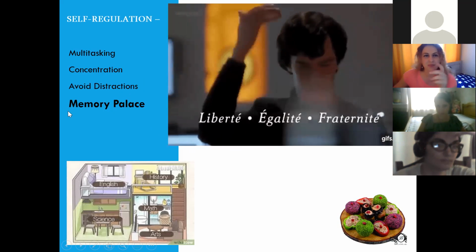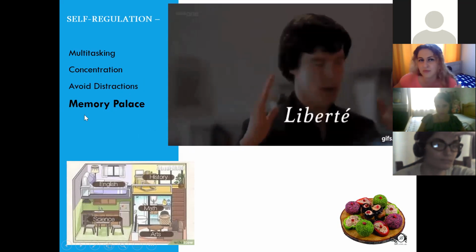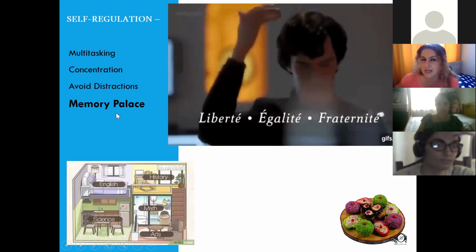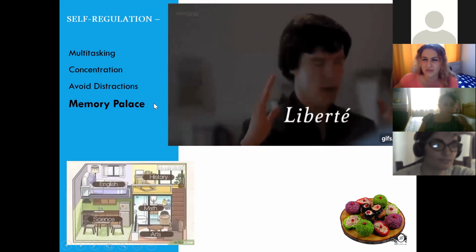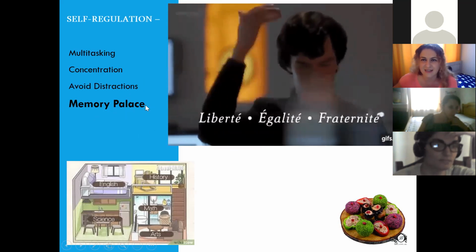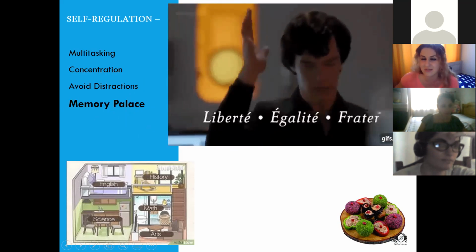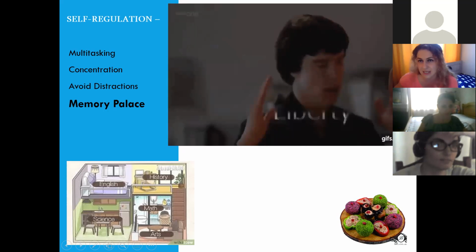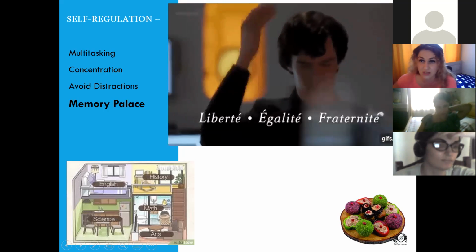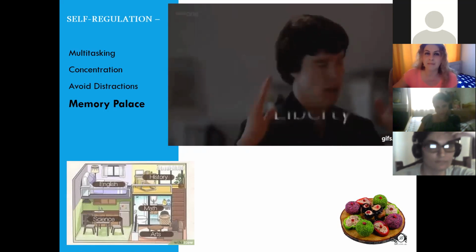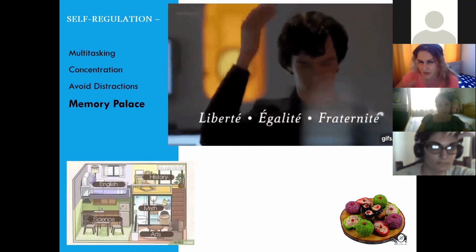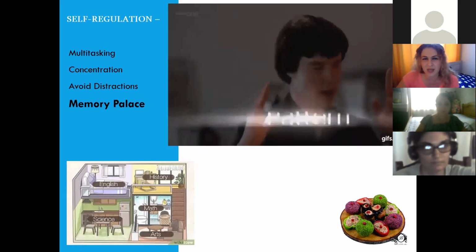So these are very, very good and helpful strategies, and you could work on them with your students. I don't know, maybe some of you have heard about memory palace. The first time, I was really confused, and I did not believe that this strategy would work. And then I started working on myself first of all, and I read a lot.